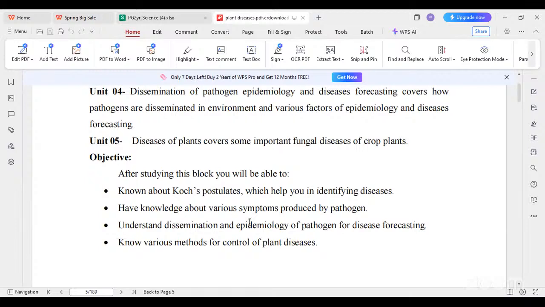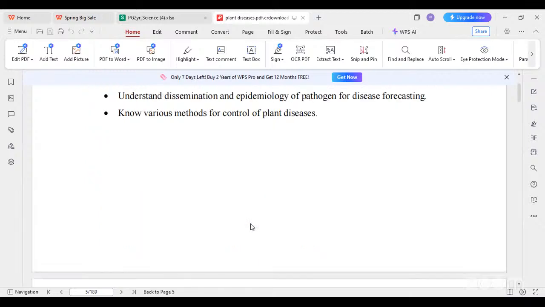Objectives: after studying this block, you will be able to know Koch's postulates, which help you in identifying diseases; know about various symptoms produced by pathogens; understand dissemination and epidemiology of pathogens for disease forecasting; and know various methods for control of plant disease.